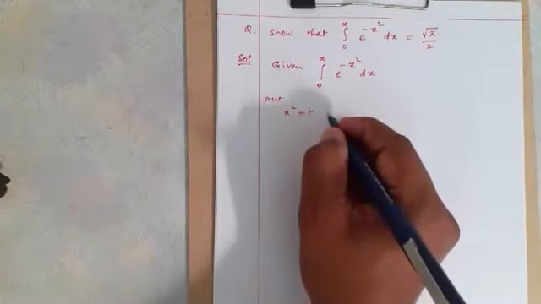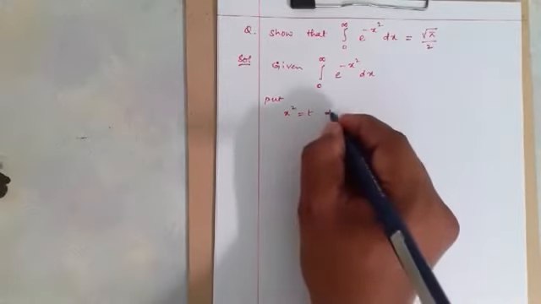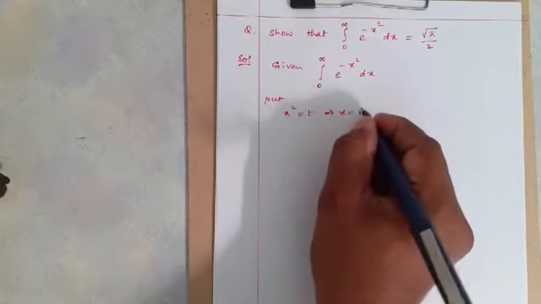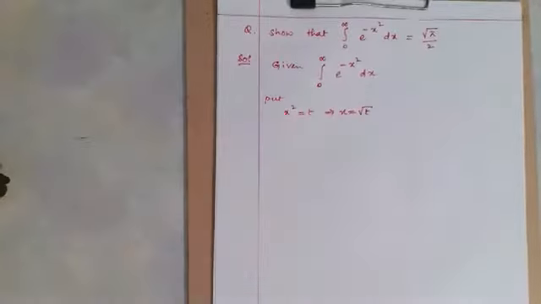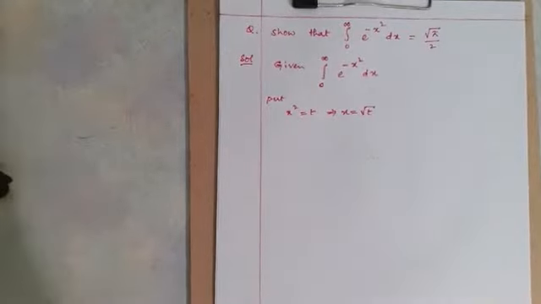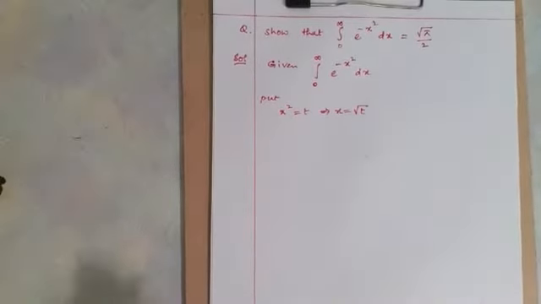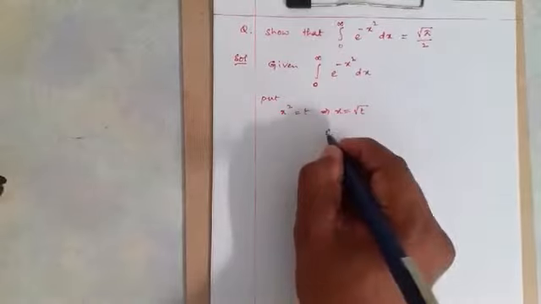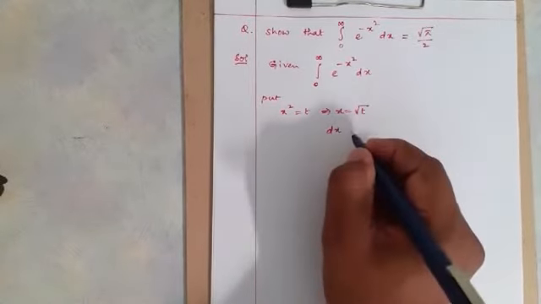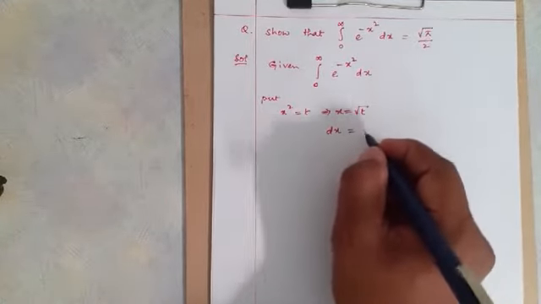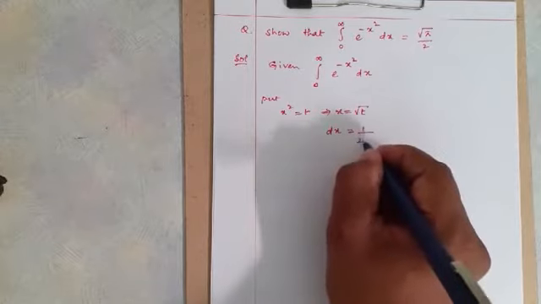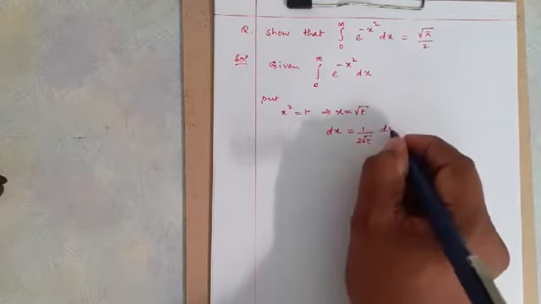When you put x square is equal to t, this implies x is equal to root t. After this, when you differentiate, dx is equal to 1 upon 2 root t dt.